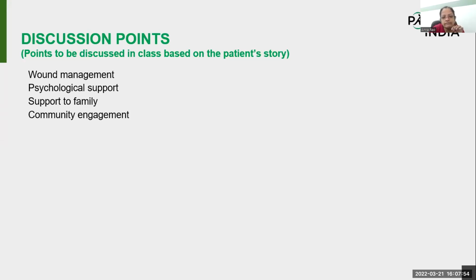That also helps, somebody's education, how to help. Those things are also very much important. So we should know the resources from where help can be available for the patient and the relatives. So that is important.